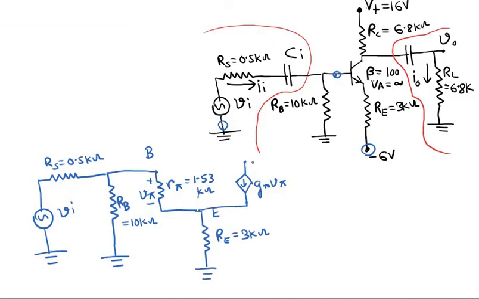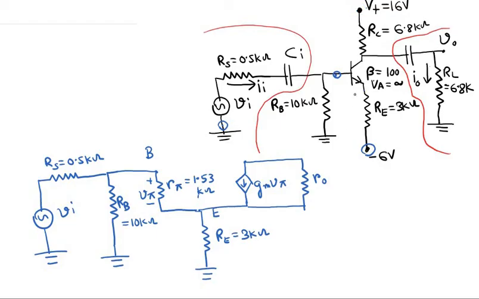And between the collector and the emitter, this output resistance R0 is also present, although R0 is actually infinite in this case. I am writing it here just for the sake of completing this model. And then this 16 volt voltage source is also an AC ground for the AC signal, because this DC voltage cannot generate or create an AC current.